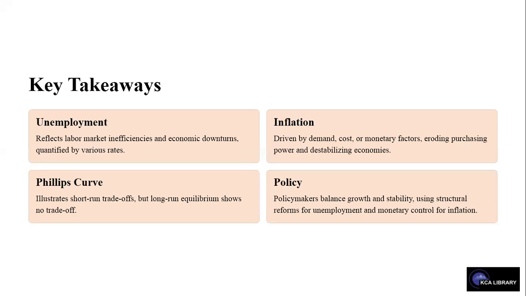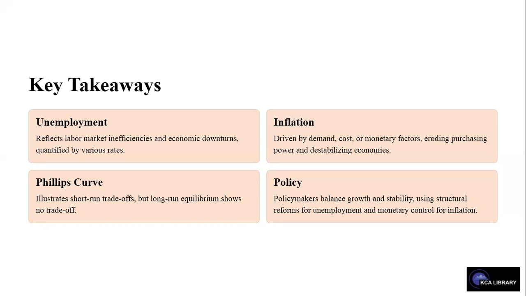In conclusion, we've been able to look into unemployment, inflation, the Phillips curve, and how it pertains to policy. We've seen that labor market inefficiency and economic downturn are characterized by the unemployment aspect, and it is quantified by various rates.